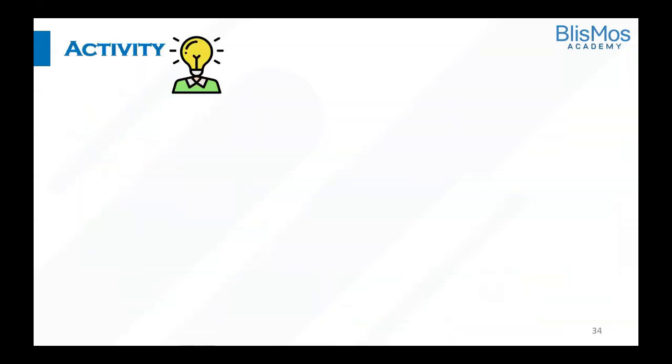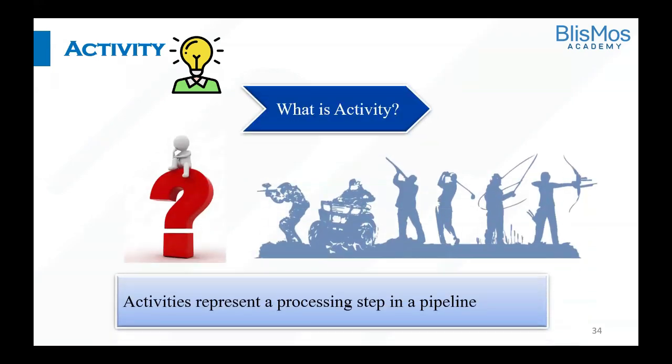Now, what is an activity? Anyone? Maybe a task, sir. Maybe a task. After completion of some preset requirements, a task that gets executed. Okay. So, an activity is a processing step in a pipeline. It can be anything.